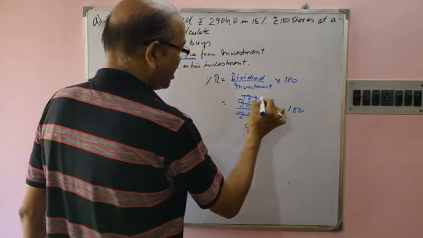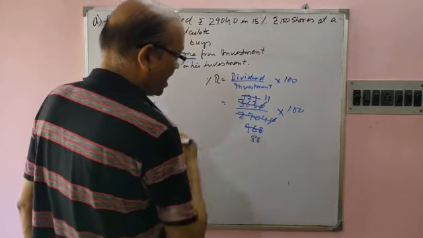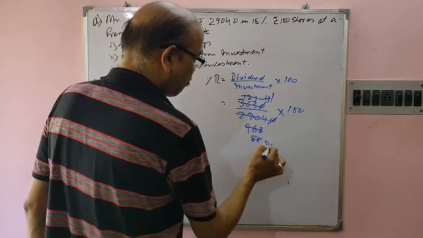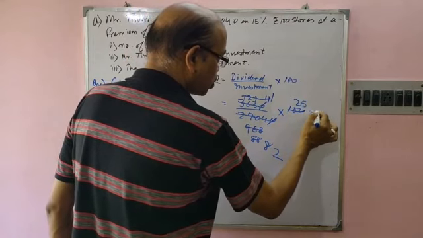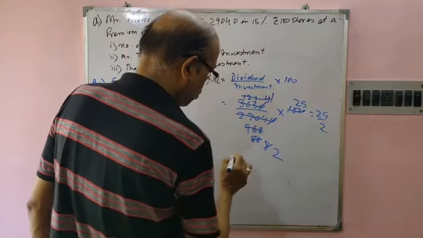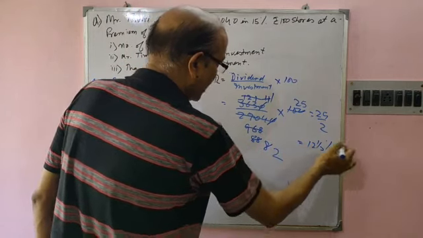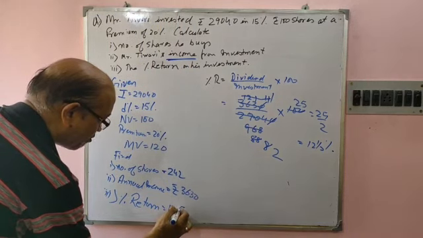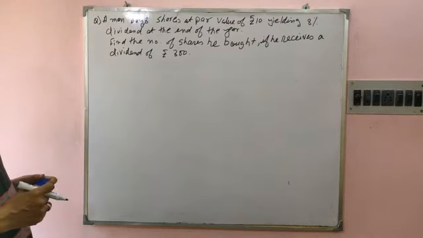Again 11 11s are 121, 11 88, 11 1s 11 8s, 4 2s 4 25. So it's 25 by 2, which is equal to 12.5%. Therefore, percentage return is 12.5%. This is your answer.